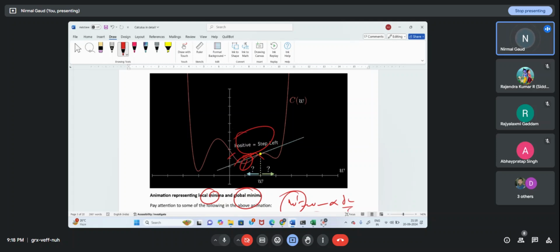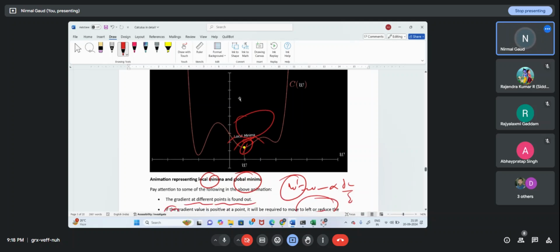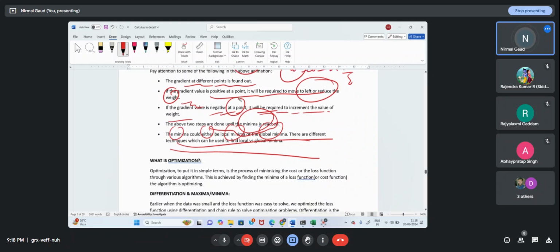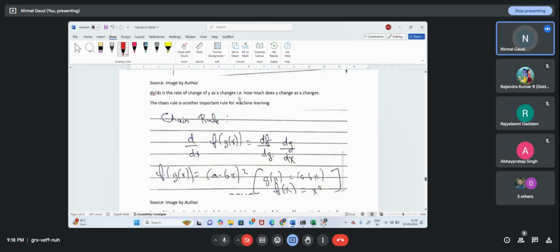Such kinds of things happen in maths internally. All right, fine. That's the concept I wanted to tell you about minima and maxima related to calculus, especially differentiation. There are some things related to integration also, but not that much, because differentiation plays a major role. The rest I will share as notes with you.